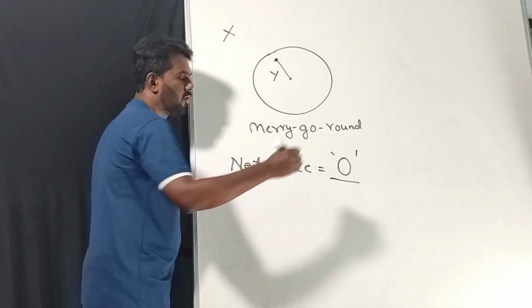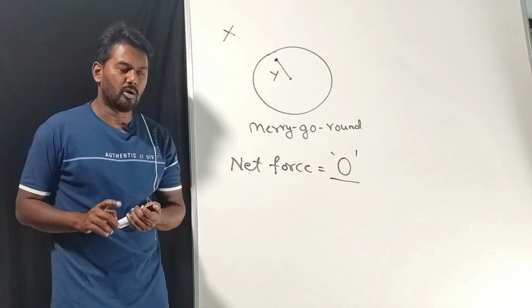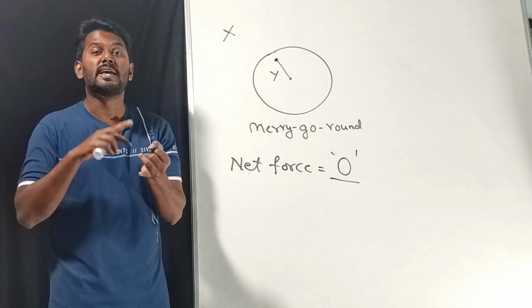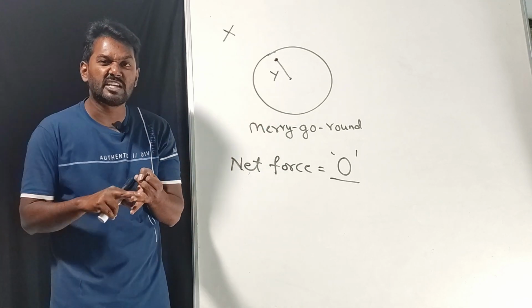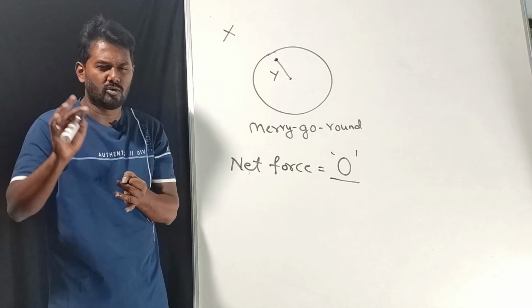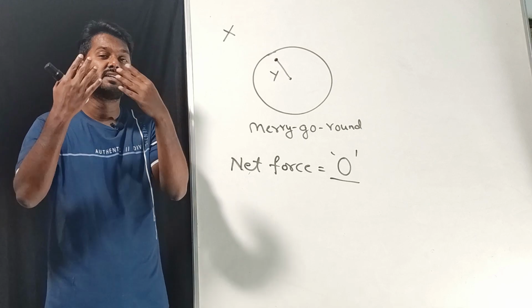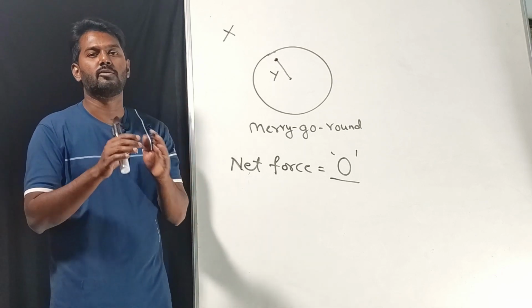Net force will be 0. So according to this experiment, which is the real force? Centripetal force. Which is the fictitious force? Centrifugal force. What do you mean by fictitious force? It is not a real force, it is just assumed by the observer.